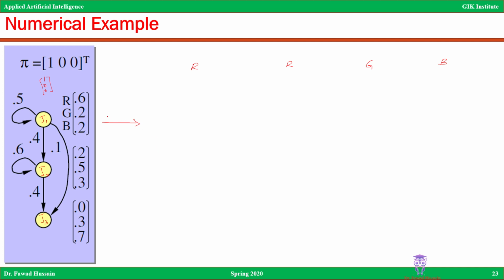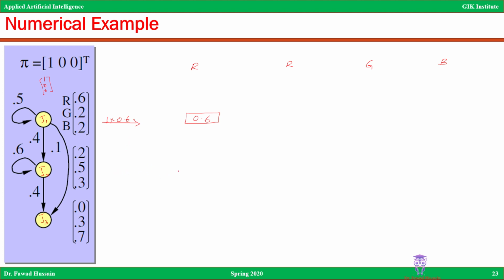We know the probability of being in the first jar is 1, so this is going to be 1 multiplied by the probability of selecting a red from the first jar, which is 0.6. So we are going to give this a value of 0.6, which is 1 into 0.6.